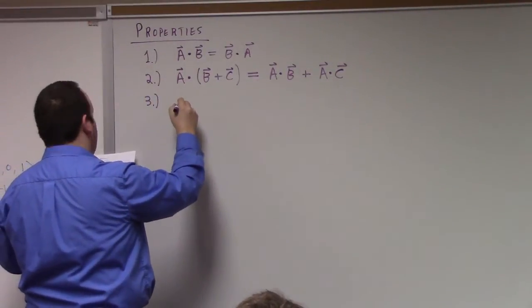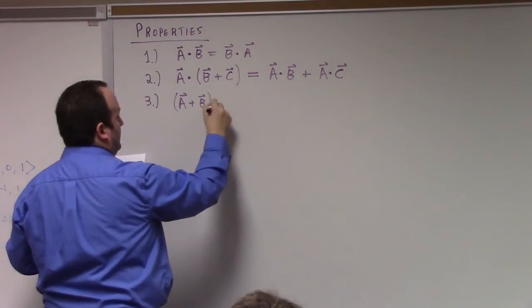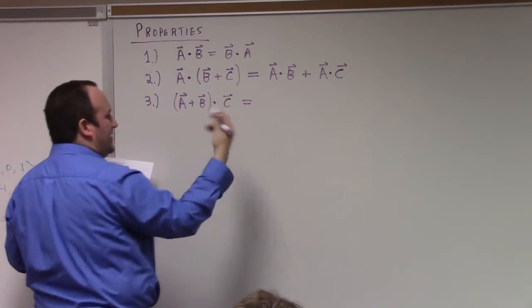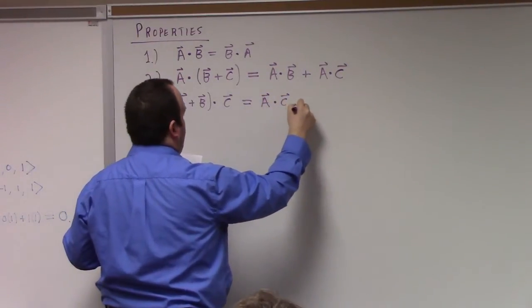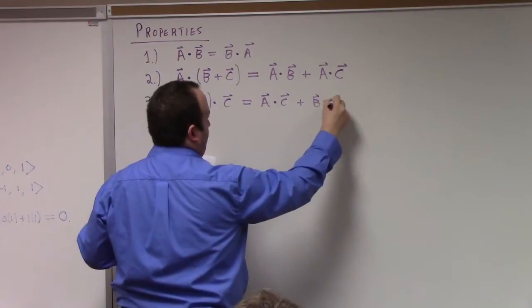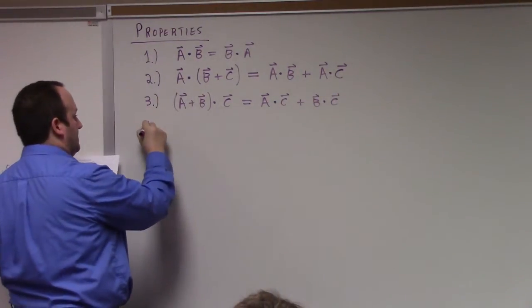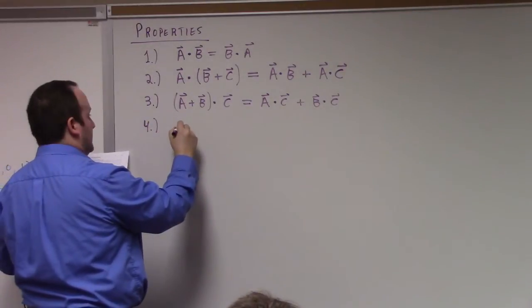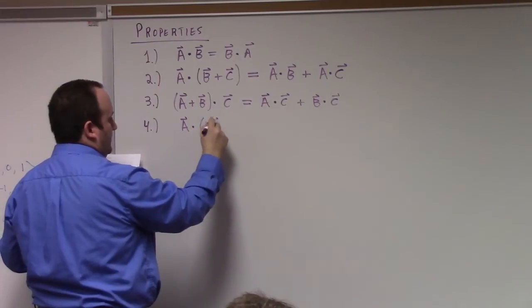Let's see here. A plus B. So these are the left and right distributive properties of the dot product. So basically, the dot product behaves a lot like ordinary multiplication, doesn't it? You can pull scalars out. So if you think about a scalar multiple, B is just a number.